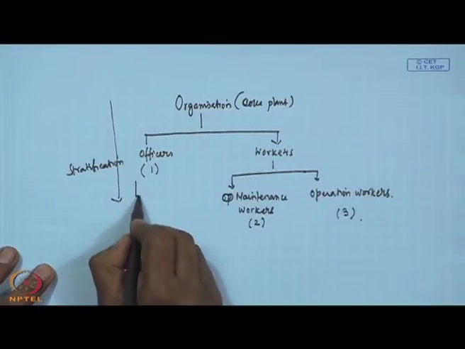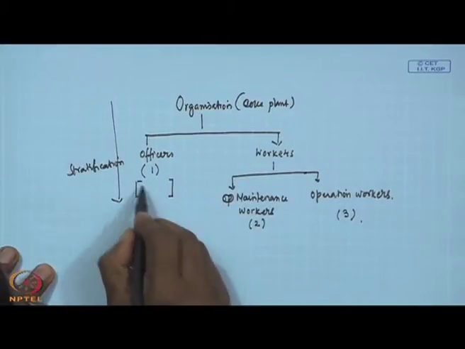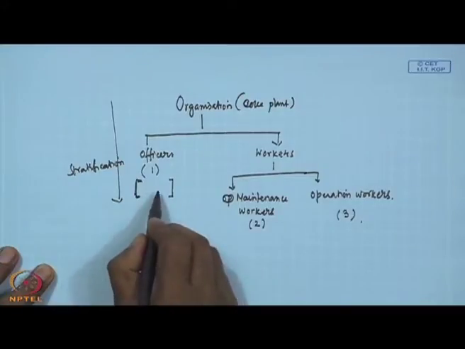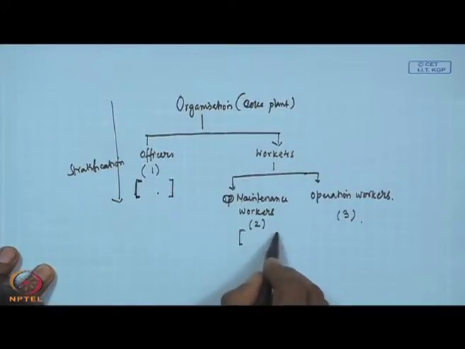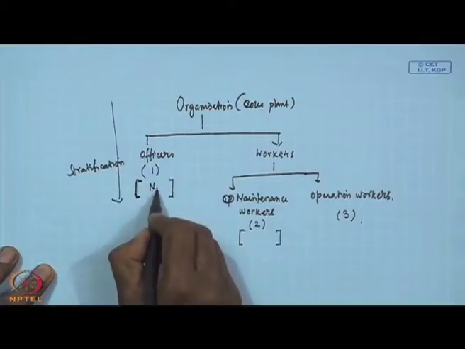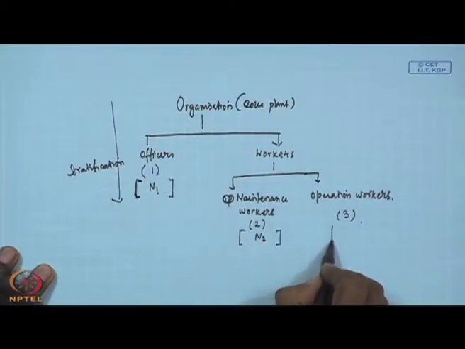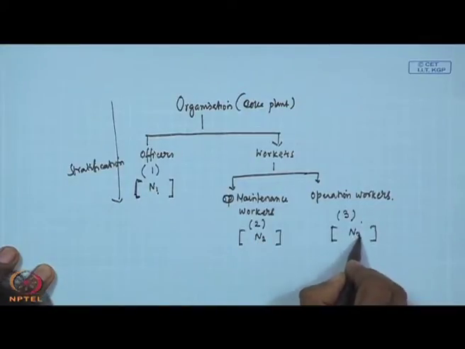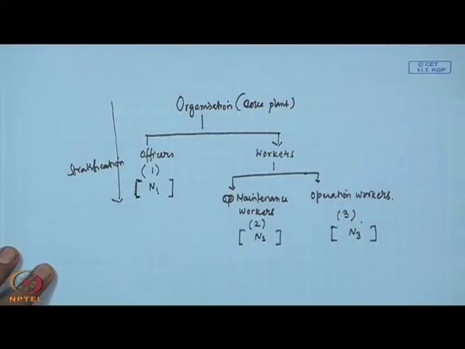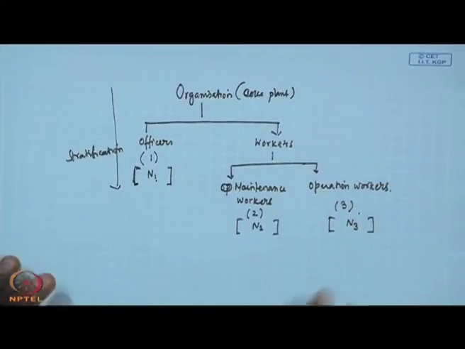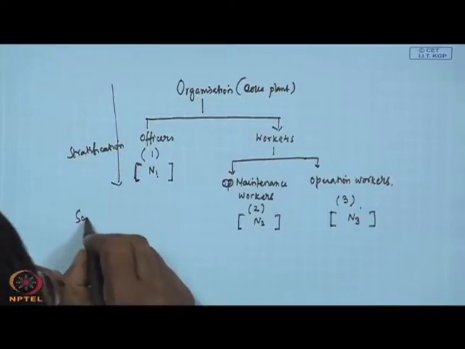Then what we found out was the number of people working in each category. So, N1, N2 and N3 are the numbers of people working. Then there is one concept called sampling theory.